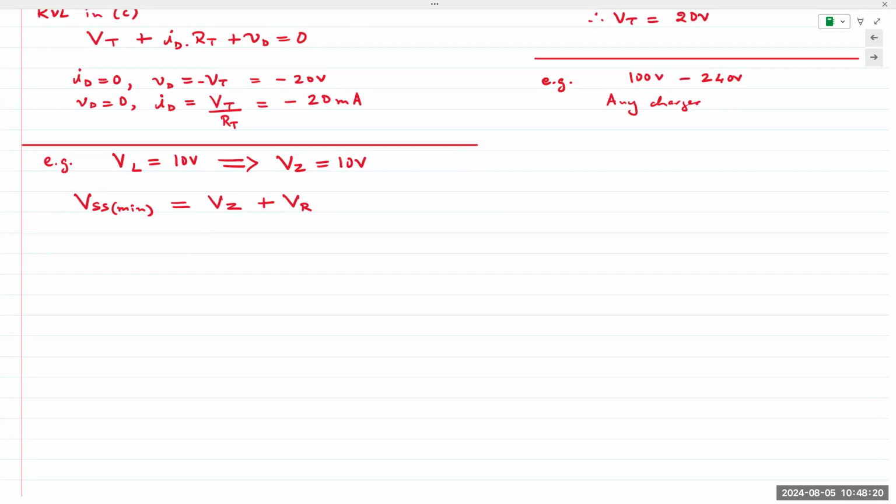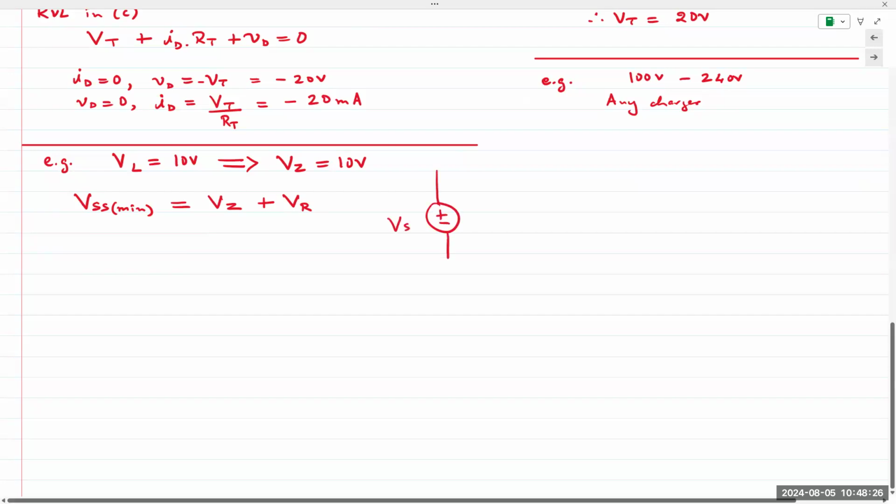So let's draw the circuit here on the side. You have VSS, you have VR, you have the diode voltage drop, and then you have RL connected at the output.